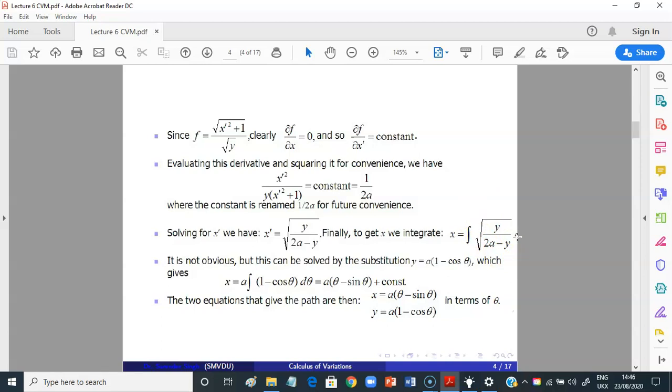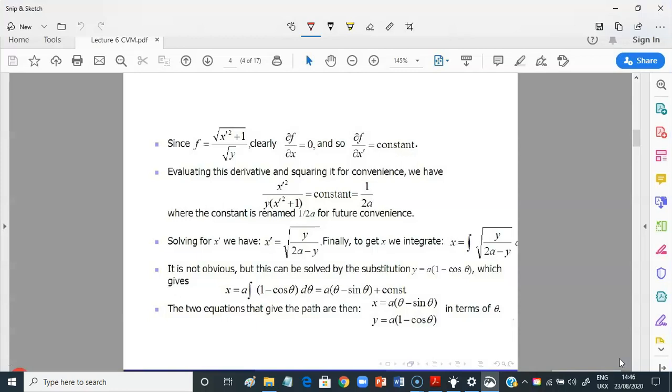Obviously, by certain calculations, you can see the solution of this problem. Here basically this is dy, right? So you can take a substitution in this integral. You can put y equal to 2a sine square theta.